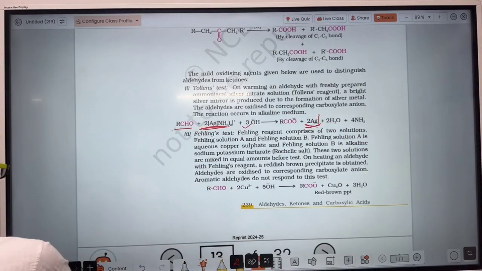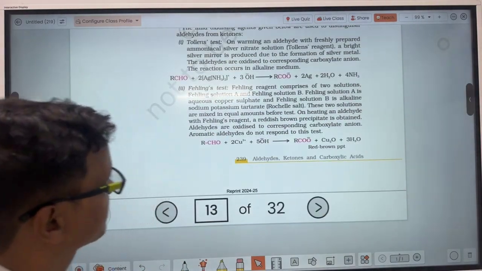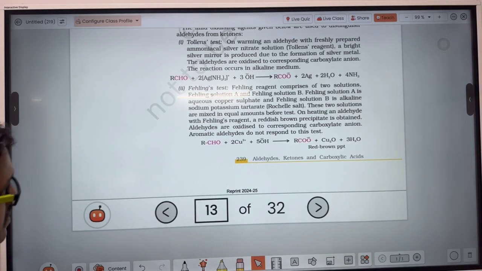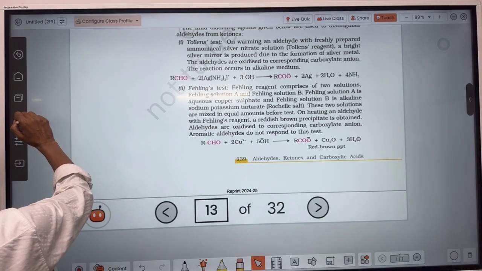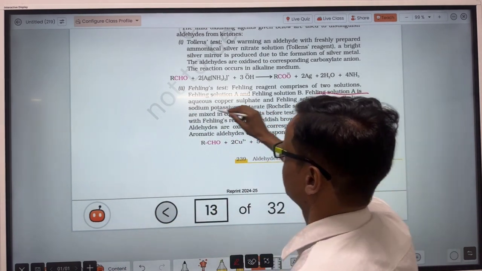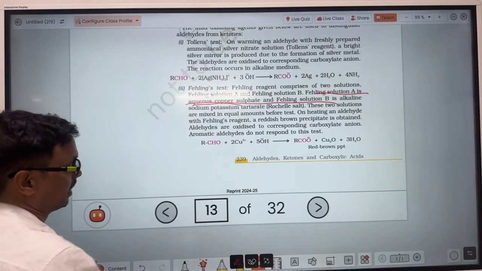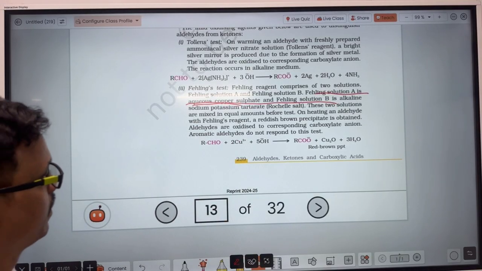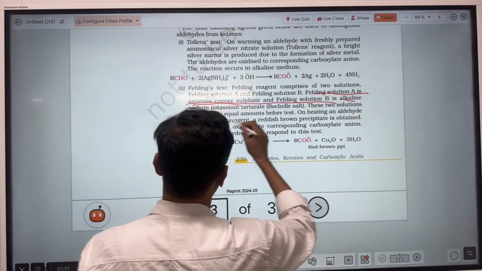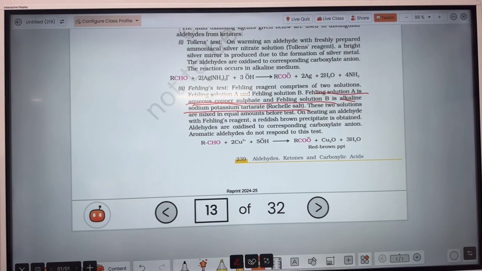Okay, then after this, the reaction with Fehling's reagent. Fehling solution is of two types here: Fehling solution A and Fehling solution B. Fehling solution A is copper sulfate, and Fehling solution B is alkaline sodium potassium tartrate, also called Rochelle salt.